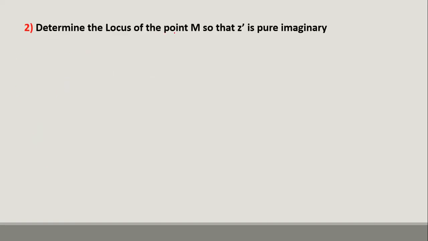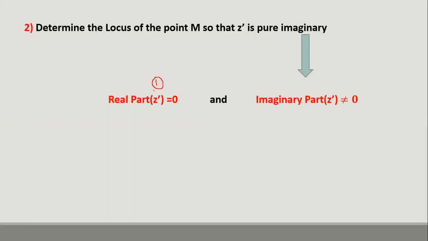Determine the locus of the point M so that Z prime is pure imaginary. For pure imaginary, two conditions must be satisfied. The first condition, the real part of Z prime must be equal to 0, whereas the imaginary part of Z prime must be different from 0.